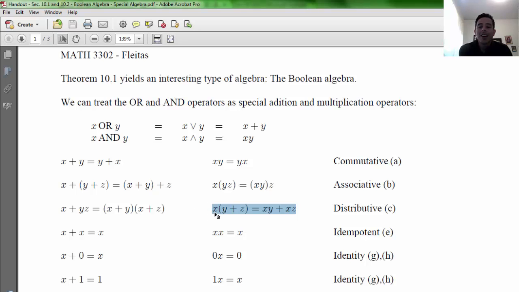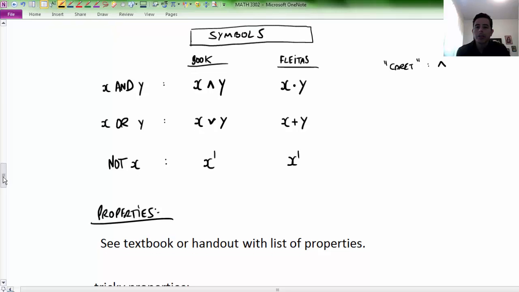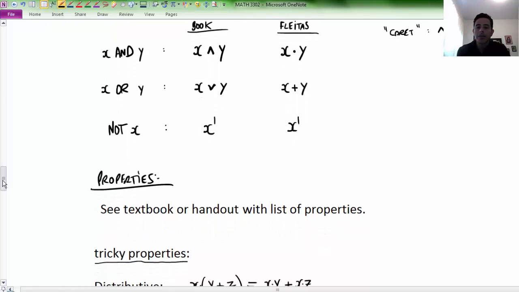You have x times y plus z, and you can simply distribute: x times y plus x times z. But in Boolean algebra, you can also distribute the addition: x plus y times x plus z. Okay. We're going to look into these properties with a little bit more depth.